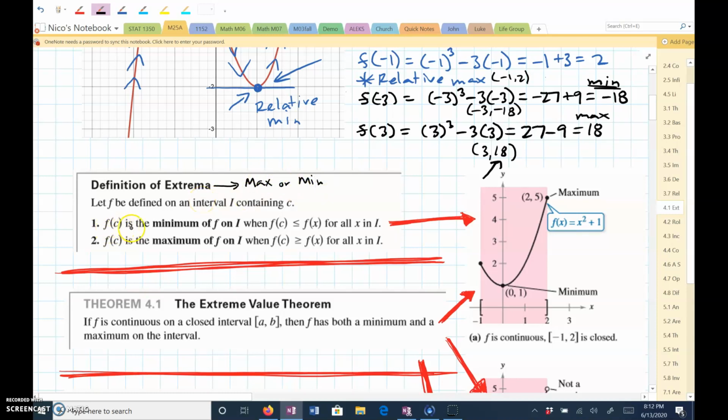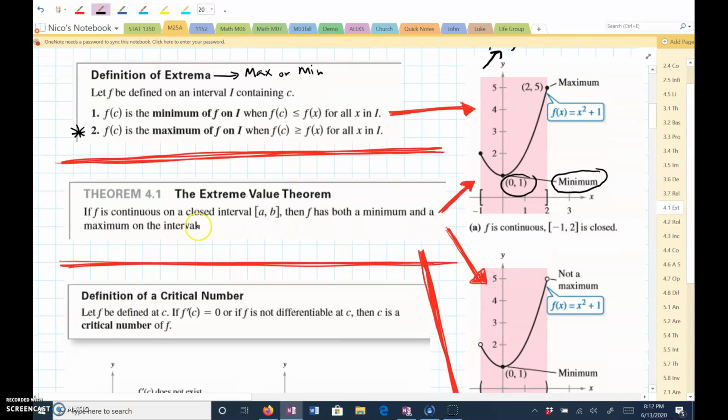Okay, if f of c is a minimum of f on some interval I, then f of c is less than or equal to f of x for all x in I. So here is an example of a minimum value. This would be the minimum value here. This is the smallest value on the function. Every other value on this function is greater than or equal to f of c. Okay? The maximum definition is very similar to the minimum definition.